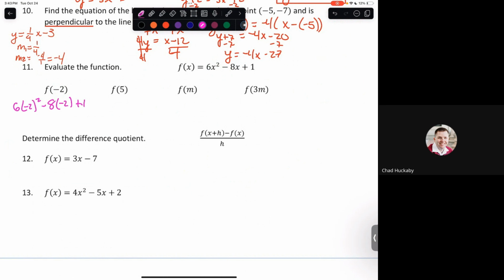Well, we have to start using order of operations. We start with the exponent. So negative 2 squared is 4. So we have 6 times 4. Negative 8 times negative 2 is plus 16.